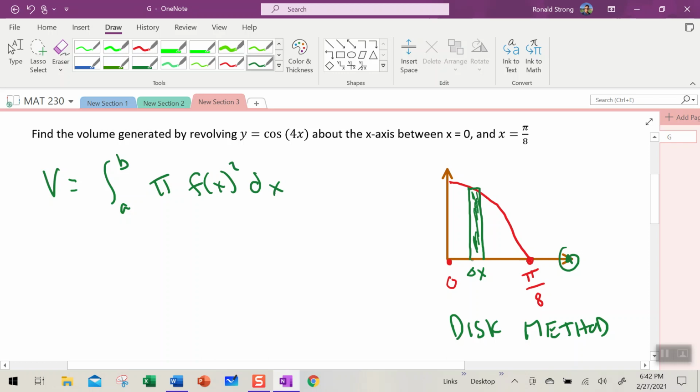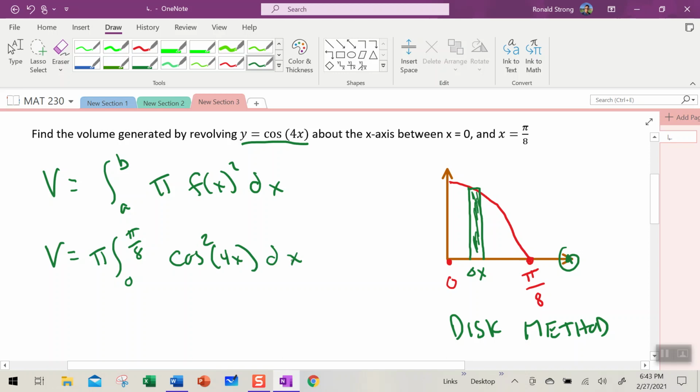So f of x in this particular case is cosine of 4x. Our bounds of integration are 0 and pi over 8. So we have the volume from 0 to pi over 8. Let's bring pi out here, get rid of that constant. And so then we're going to have the cosine of 4x, and that's squared dx.